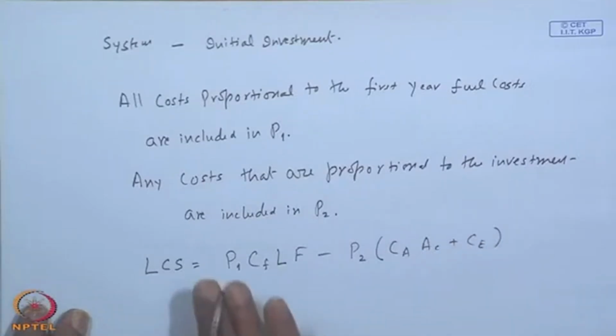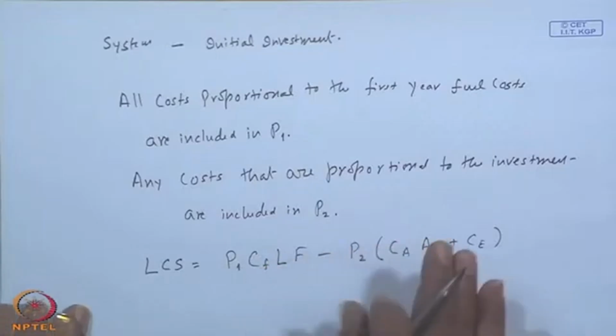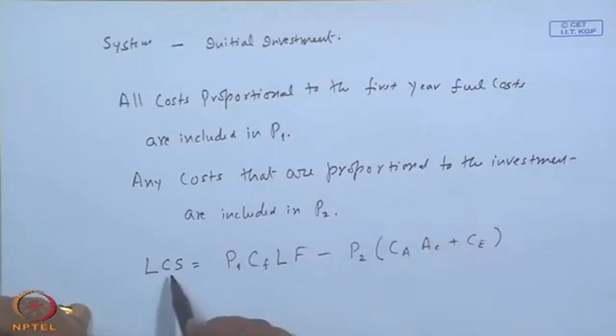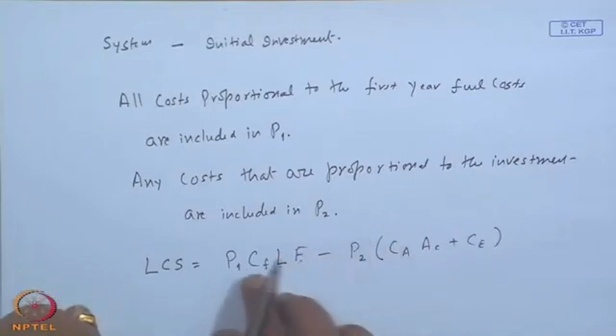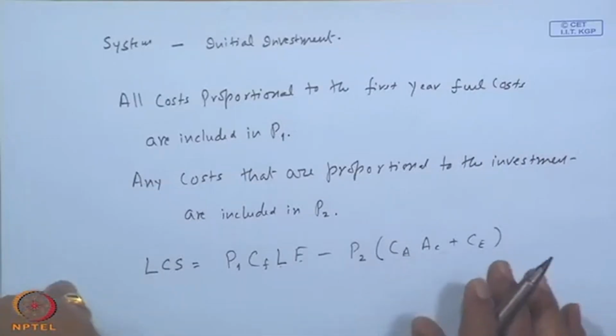So, basically if you forget about P1 and P2, it is almost like that simplistic payback period calculation. Life cycle savings will be the cost of the fuel in the first year multiplied by the solar load fraction, load into the load fraction, that will give you the energy delivered. So, this is the amount of fuel money saved in the first year minus the cost of the system. Okay.